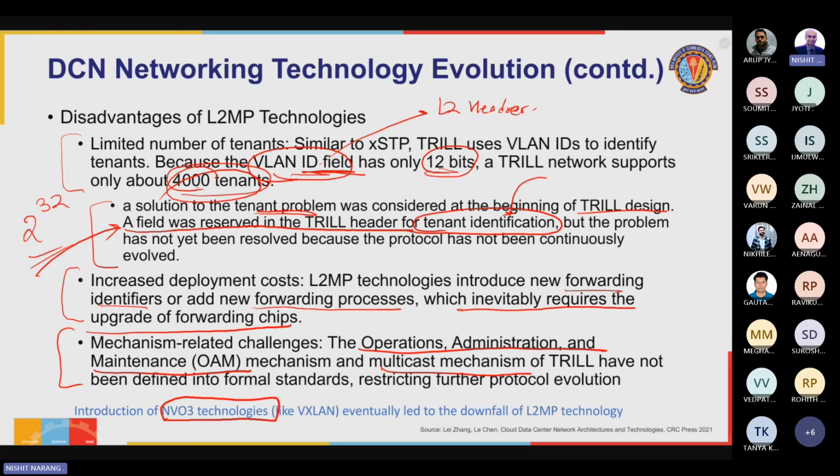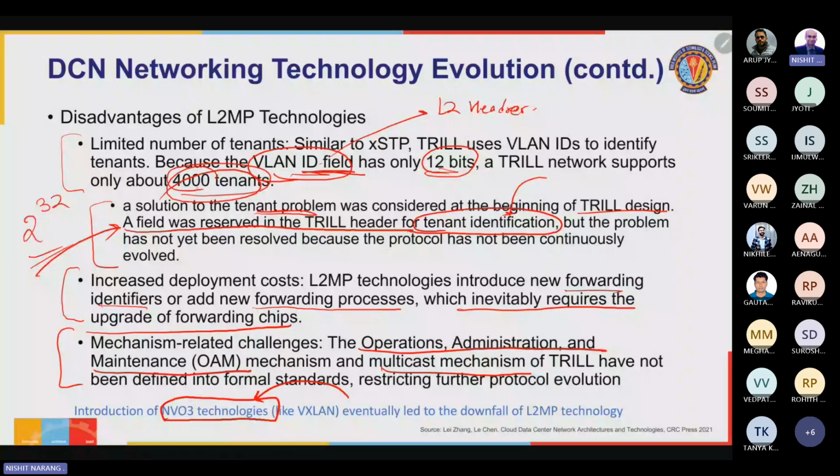So as the applications evolved to cluster-based applications, by now people were also thinking we've had enough of this access aggregation core structure or topology. Clos or leaf spine topology is better suited for server kind of traffic. So when you see the modern data center networks, one is the evolution in the protocols, in the technology, moving from L2MP to NVO3, which I'm going to talk about next.